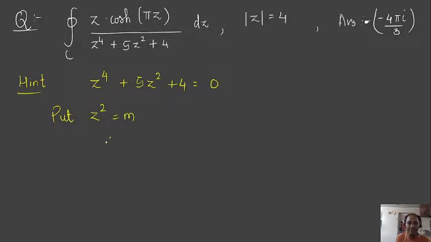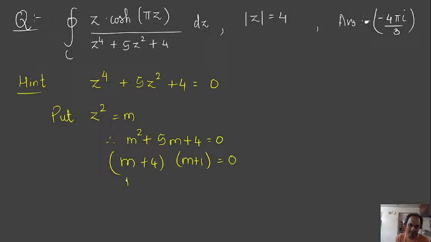So therefore what you get is m square plus 5m plus 4 equals 0. So m plus 4, m plus 1 are the factors at the initial stage. So m equals minus 4 or m equals minus 1.